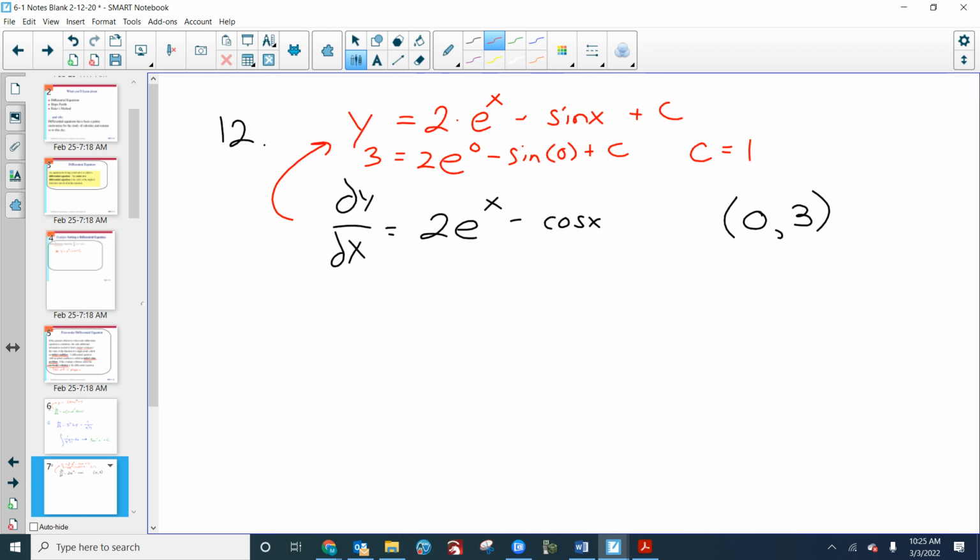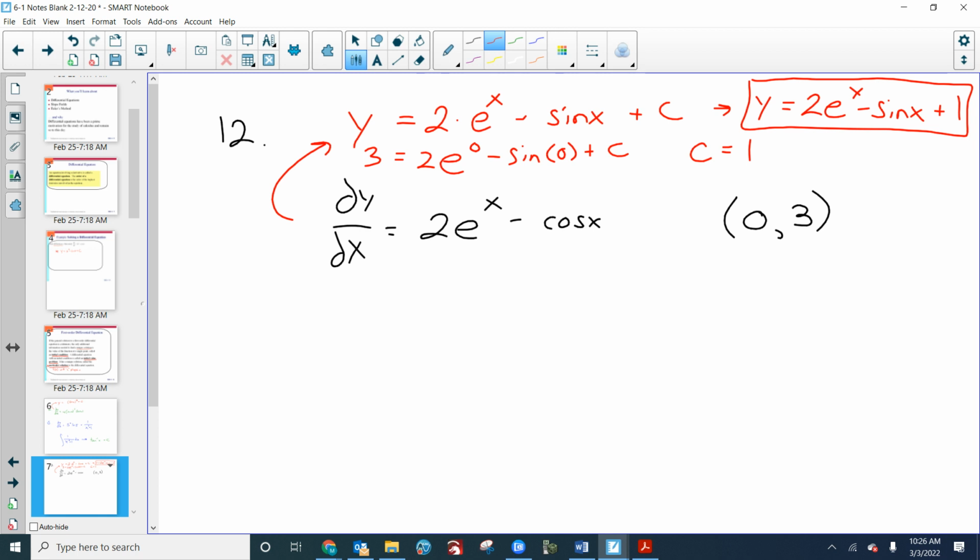So my particular solution is y equals 2e to the x minus sine of x plus 1. That would be my final answer, that particular solution to the initial value problem. And what was the initial value? Practice our vocab. 0, 3 was our initial value.